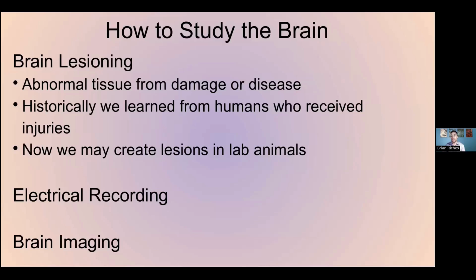So you would have a person who had some sort of difference in their personality or their vision, and you would look at their brain after they died and see if we could find patterns in brain areas. So it was slow, correlational, couldn't be experimental, and it was hard to learn things over a long period of time, but this was the observational tool that we had at the time.